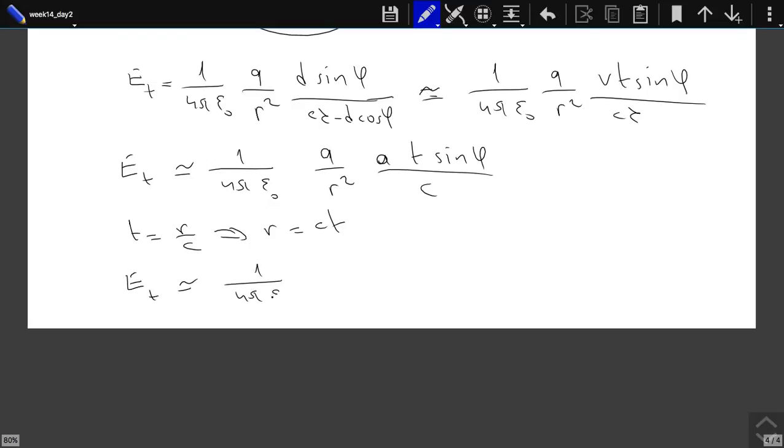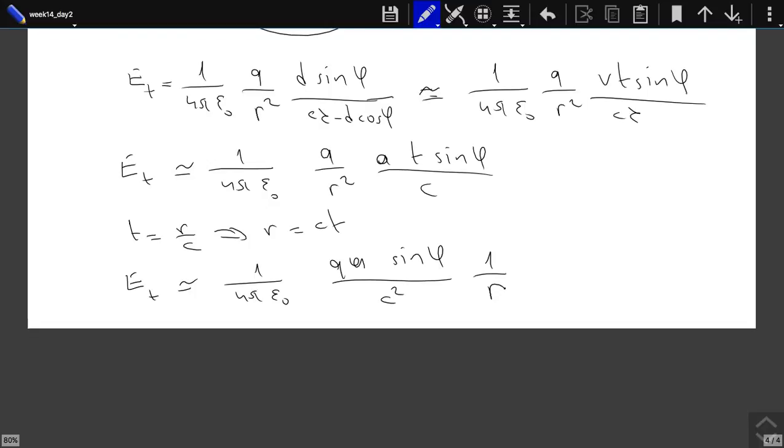So E_T is 1 over 4 pi epsilon 0, Q times A sine phi over C squared. You see this tangential component, there's also 1 over R. So the tangential component is proportional to the acceleration.